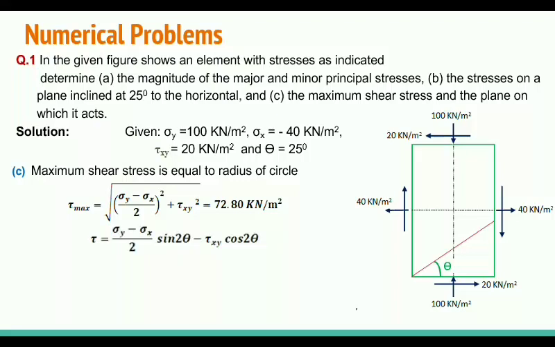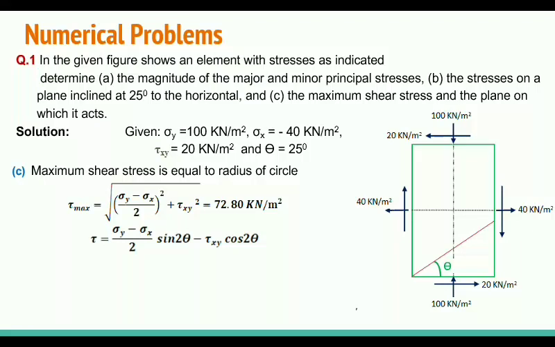So we have this formula for shear stress, but the question is asking about the maximum shear stress. So we have to calculate the angle also: at what angle the shear stress would be maximum, and on that plane where the shear stress will be maximum. So what is the angle of that plane inclined to the horizontal, right? So what can we do?